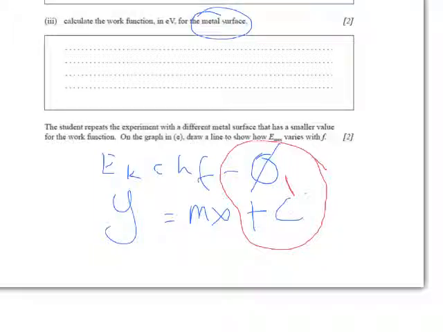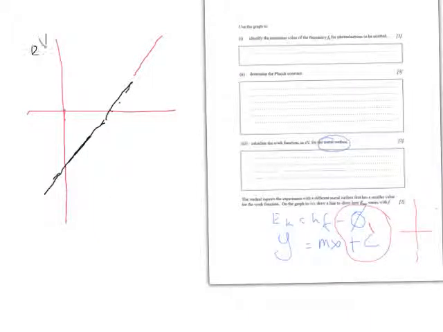So if you go back to your graph, which I can't do on this program, but you can, you now need to find the y-intercept. If you carry on the graph until it goes down and hits the y-axis, you just read off the work function from the y-axis. And you should get an answer somewhere along the range of, let's see, 3.6 to 3.8 eV.